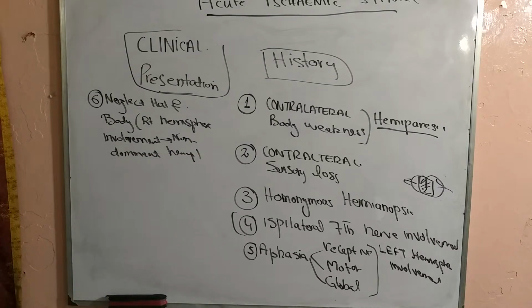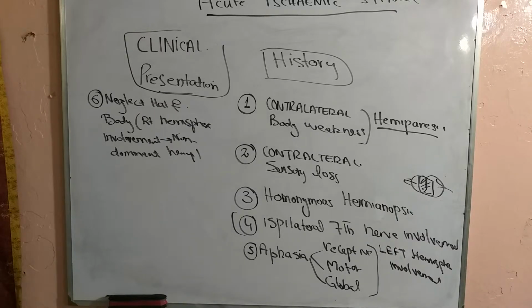Left-sided hemispheric involvement causes aphasia or dysphasia, either the absence of speech or difficulty in speaking. But if the area of involvement is the non-dominant hemisphere, which is the right-sided hemisphere, then the patient may not know that half of the body is present with him or her. So there is neglect of half of the body in cases of non-dominant involvement.